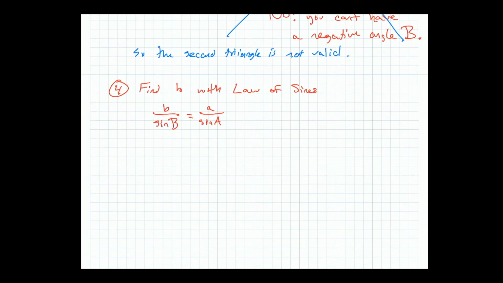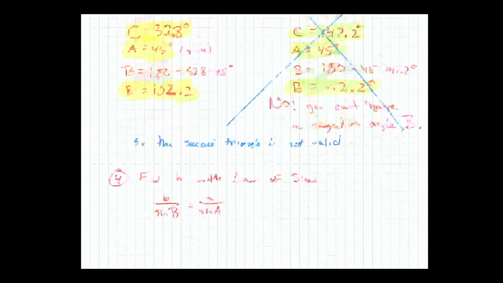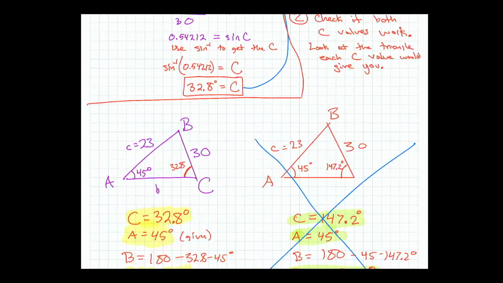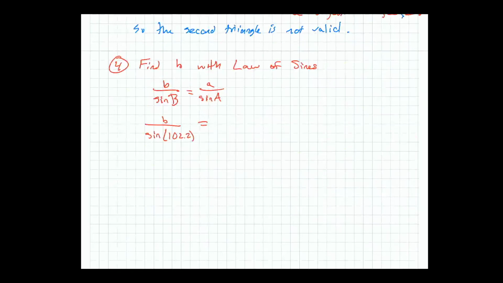So fill in your numbers, right? This part's really easy. So the little b, we don't know. But we do know 102.2 equals B. What's A? 30? 30 and 45 degrees. All right.